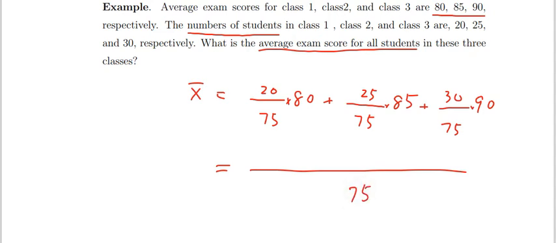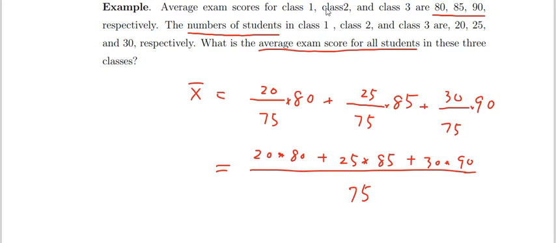The total points from class 1 is 20 multiplied by 80, right? This is the total scores from class 1. Then we add the total scores from class 2 plus the total scores from class 3, right?